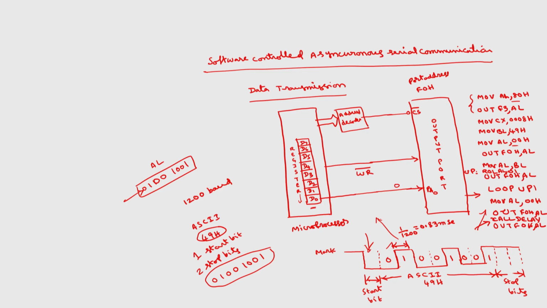After this rotate, you have to call the same delay of 0.83 milliseconds. If I transmit a 0 here, you call the delay for 0.83 milliseconds, so that it ends here, again you send 1, you call the delay again. So, in every bit transmission we have to call the delay. Likewise we can transmit all the 8 bits.